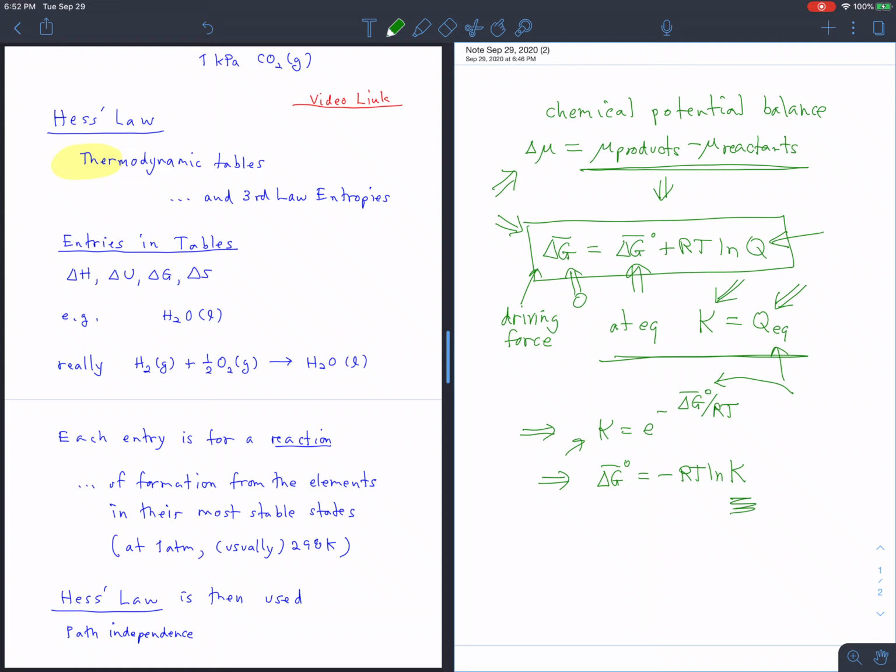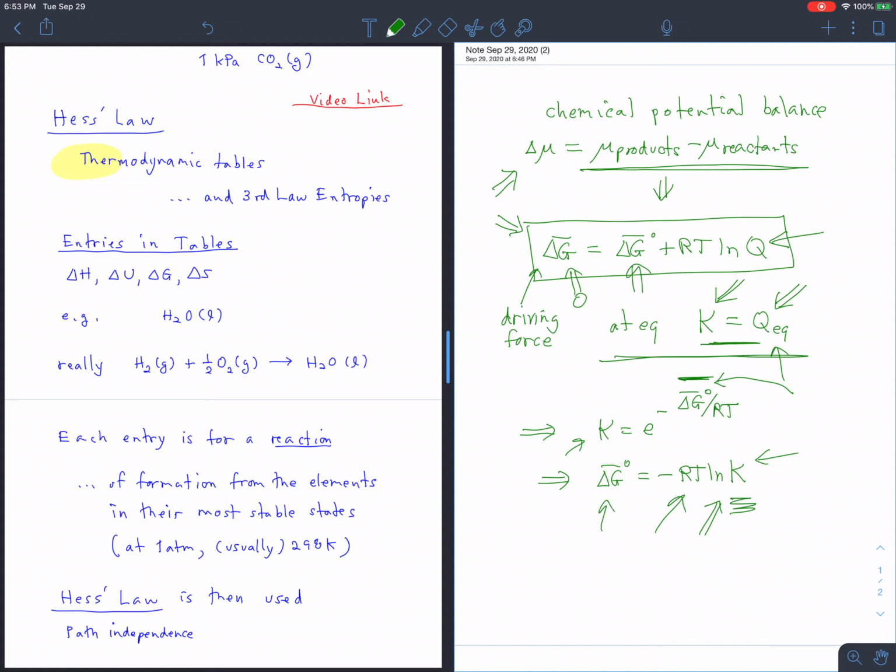And in fact, that's done. Some of the table entries that we use in order to do these calculations, from thermodynamic tables, originally came from measuring product and reactant concentrations at equilibrium, using this relationship to get the K value, and then taking minus RT log of that in order to get a delta G value.